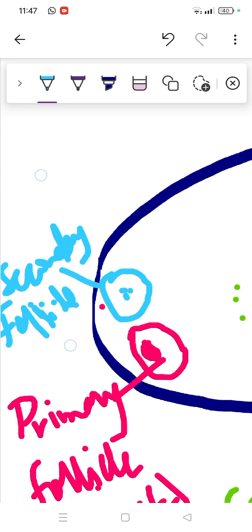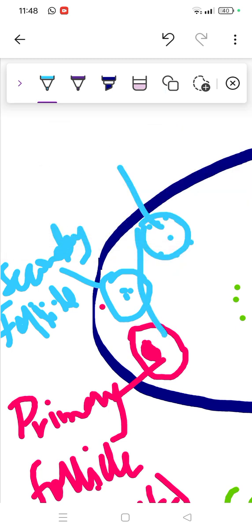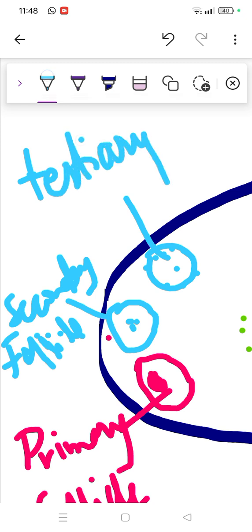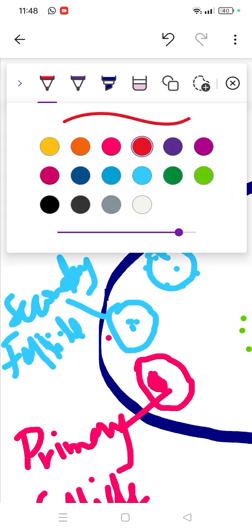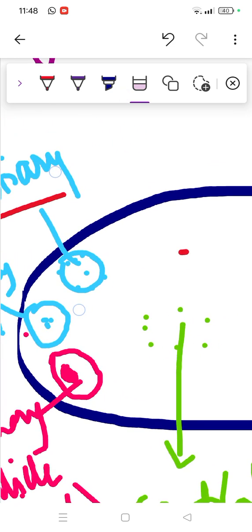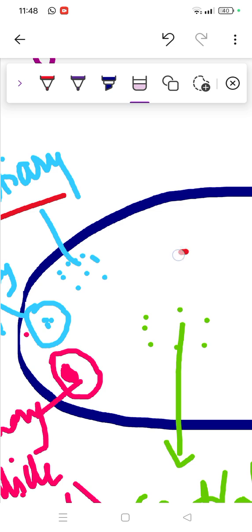Then comes our third part. Here you will see the third part, which is also called the tertiary follicle. If you're thinking that as they become more in number they might not do good work, you're quite wrong, because the tertiary follicle is quite important. Why? Because they have another structure called the antrum. The antrum is simply a cavity filled with fluid.